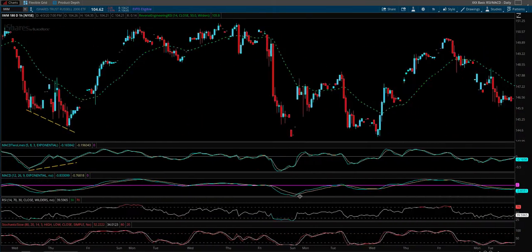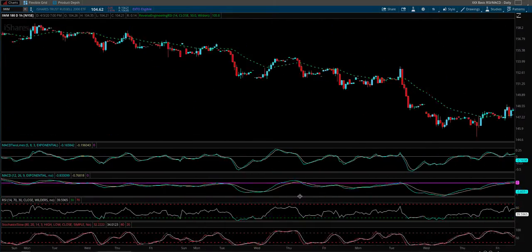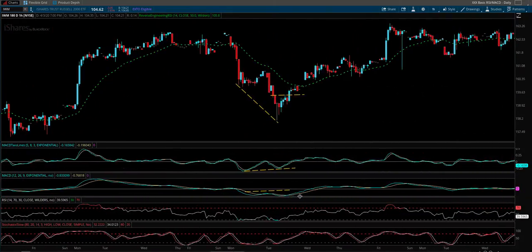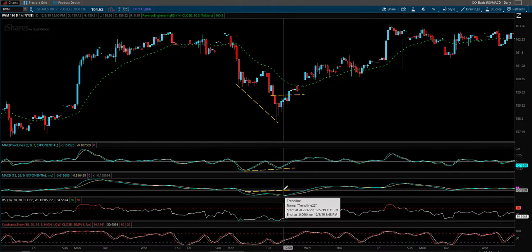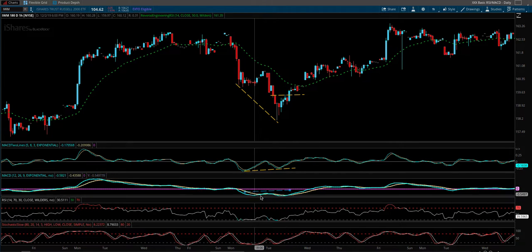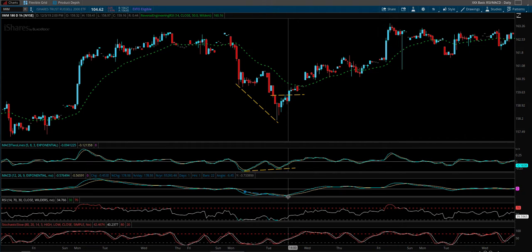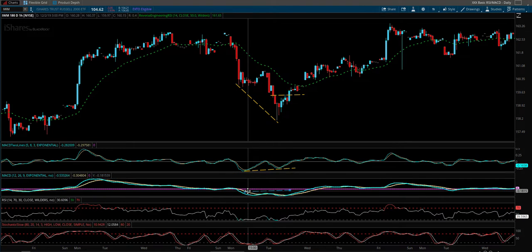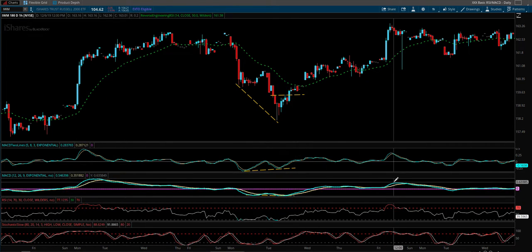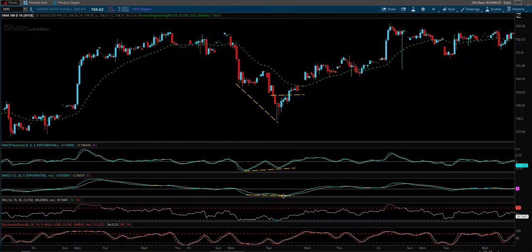And if we go back to some of the other ones we had here, hang on, we can find it. You can see that this actually was a hidden bearish divergence, because you can see the MACD made a lower low. Well, whatever. You can see the MACD made a lower low, slightly lower low.